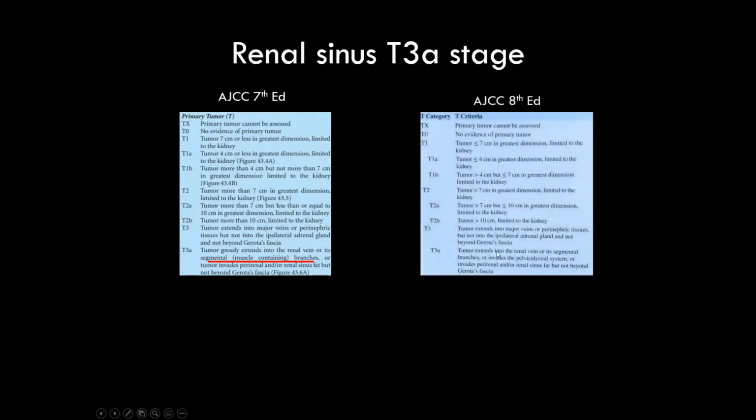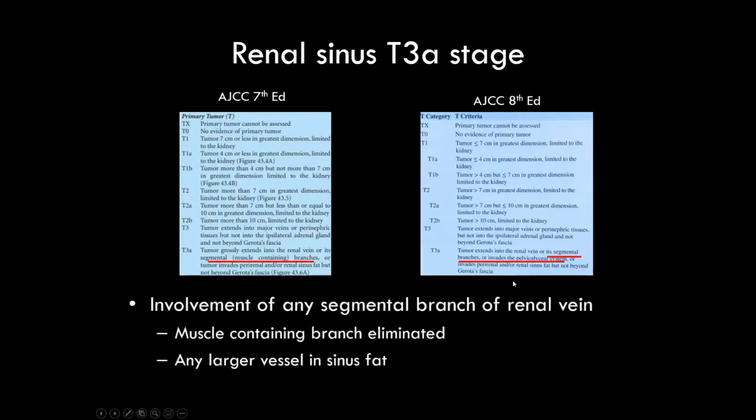In the updated version, it has been accepted that there need not be essentially muscle in that segmental branch. Any segmental branch, essentially any large vessel that's present in the renal sinus, if there is tumor in it, it can be classified as a T3A. And also, it's been included that tumors involving the pelvic calyceal epithelium should also be classified as a pT3.